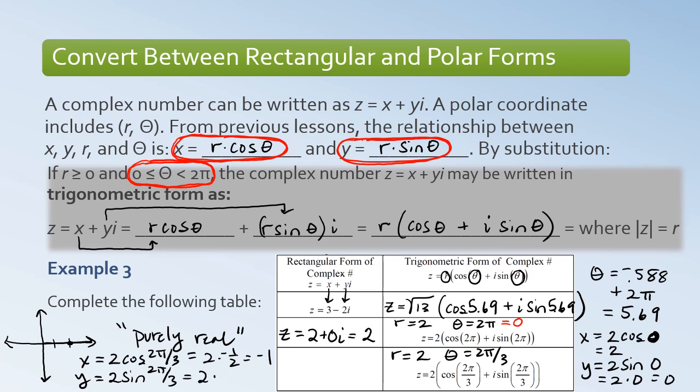So that's 2 times root 3 over 2, and so I get root 3. So in rectangular form, I end up with z equals my x value, which is negative 1, plus my y value, which is root 3, and with an i hooked on.